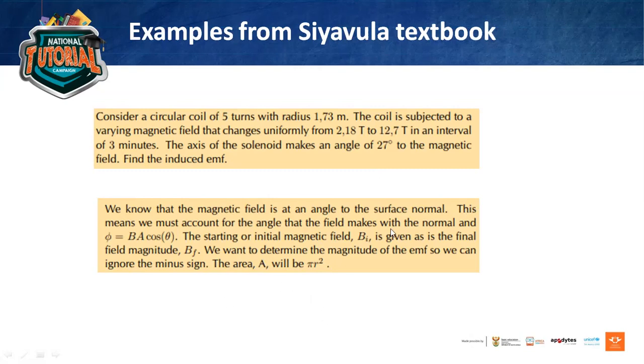Because remember, we're working with a cylindrical coil. A coil, when you look at its cross-section, is actually round, right? When you look at it sideways, it will be long, but when you cut it open, you'll see that it's a circle. That's why we use area as pi r squared.